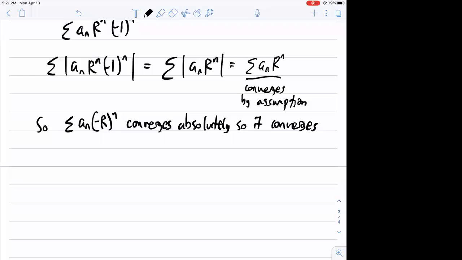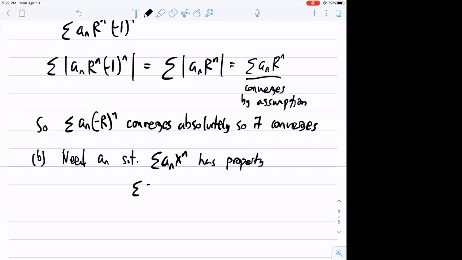So for part B, I need an a_n such that the sum of a_n x to the n has the property that the sum of a_n times -1 to the n diverges, but when I plug in x equals 1, it converges, so this is just the sum of a_n.